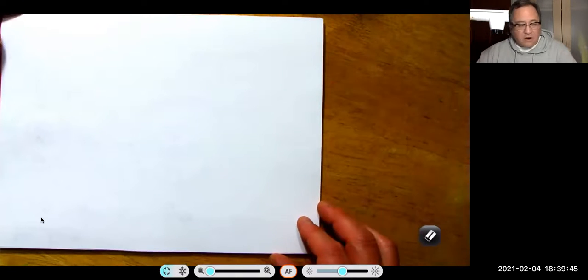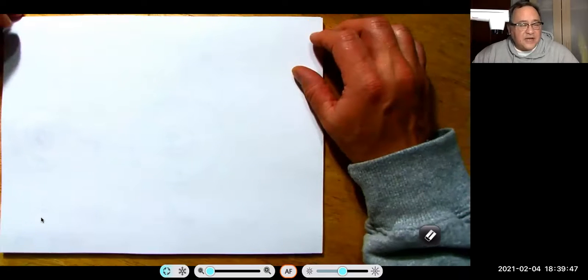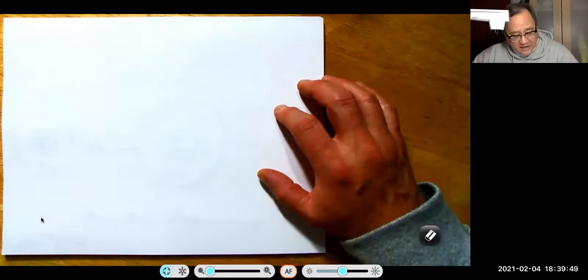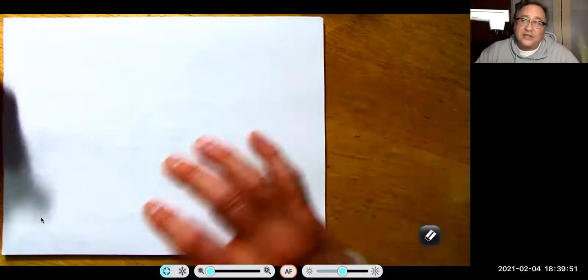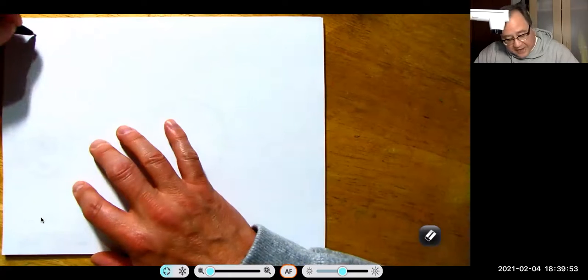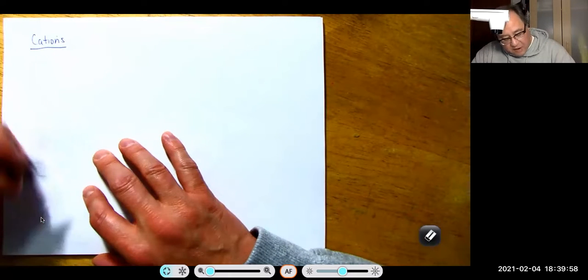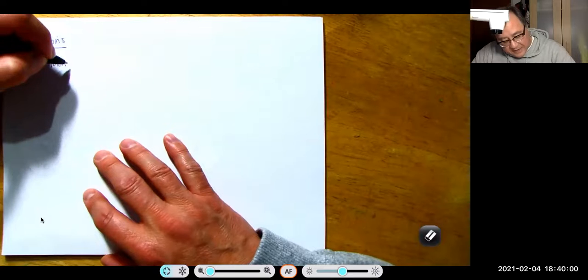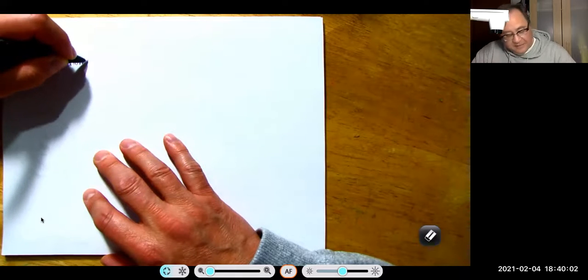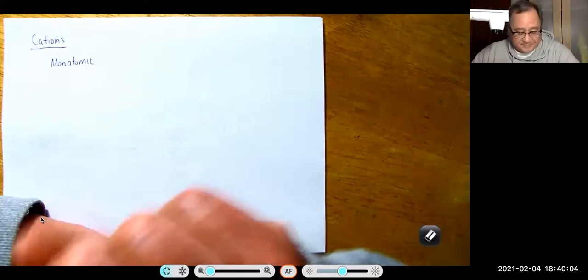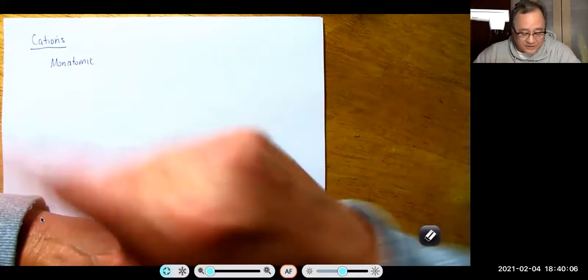Secondly, there are different types of monatomic anions. So we're going to look at, actually, let's look at cations first. Cations. So there are monatomic cations. That means a cation with one element, or one type of element, I should say.